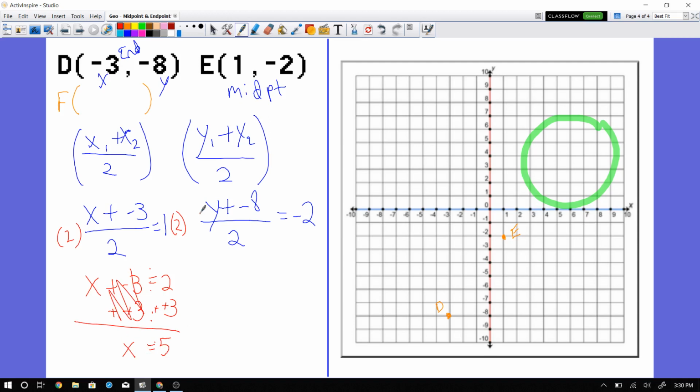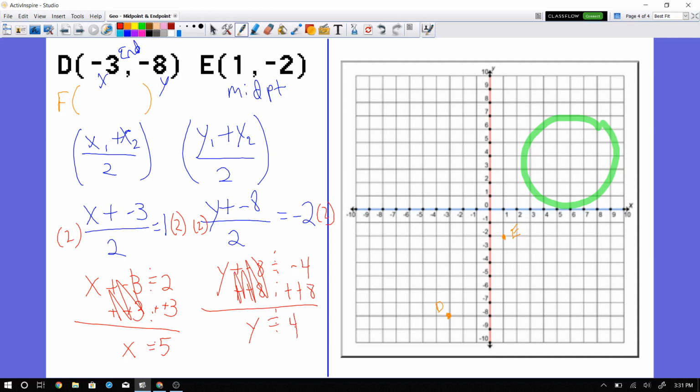Okay, let's try this other one over here. 2 times 2 leaves us with y plus -8 equals -4, because -2 times 2 is -4. This is where we have a one-step equation. So minus -8 minus -8, double negative equals a positive. So this is gone. Y equals 4.